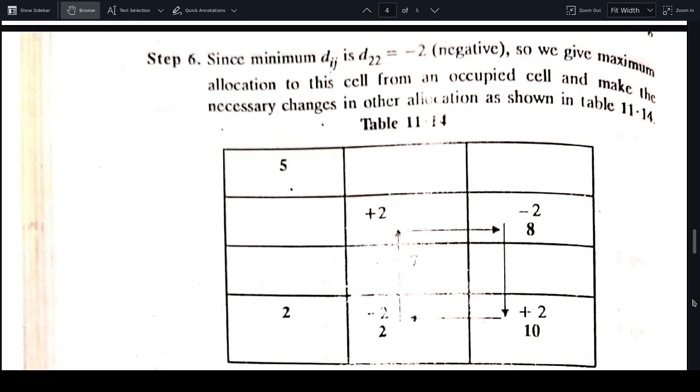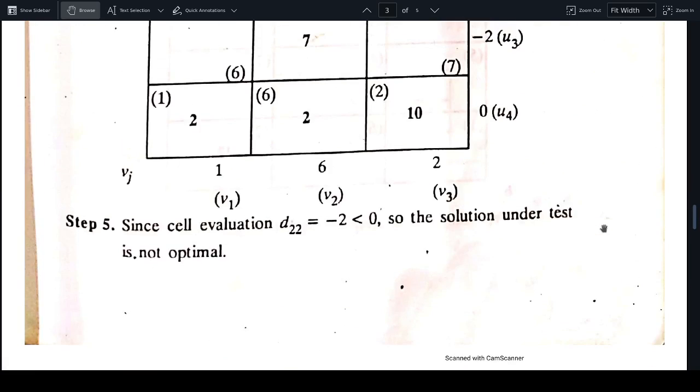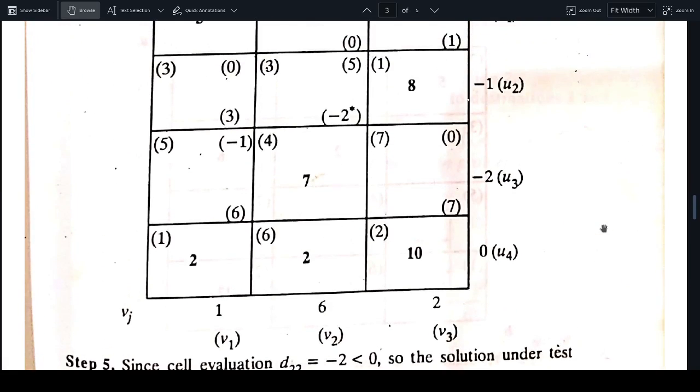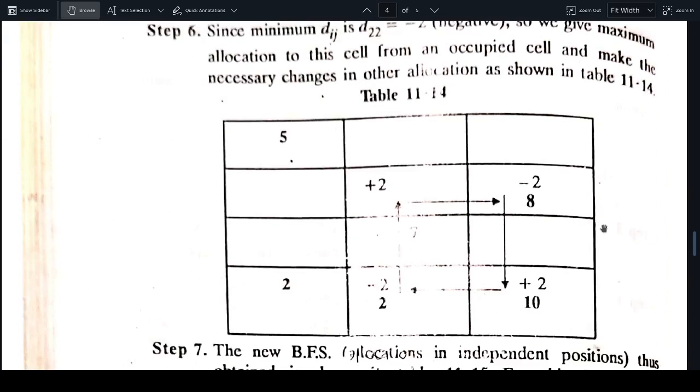Eight, then 12. After this setting, you see 8, then you see allocation is 10. 10, 2. So 8, 10, 2, right?